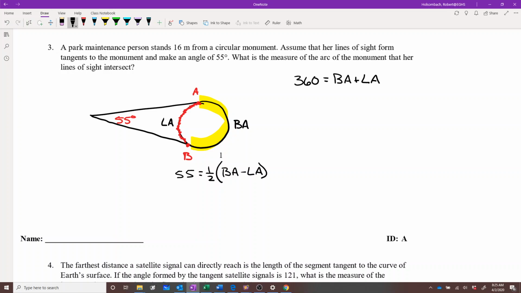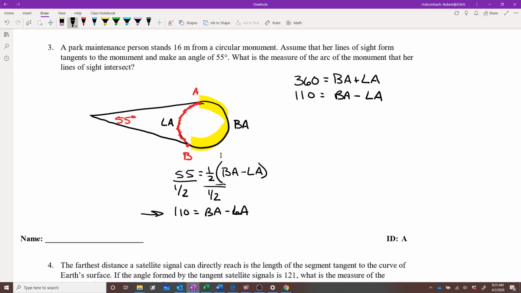So if we clean this equation up right here and we divide both sides by 1/2, then we get 110 equals big arc minus little arc. So now we take this equation and we bring it up top. So 110 equals big arc minus little arc.